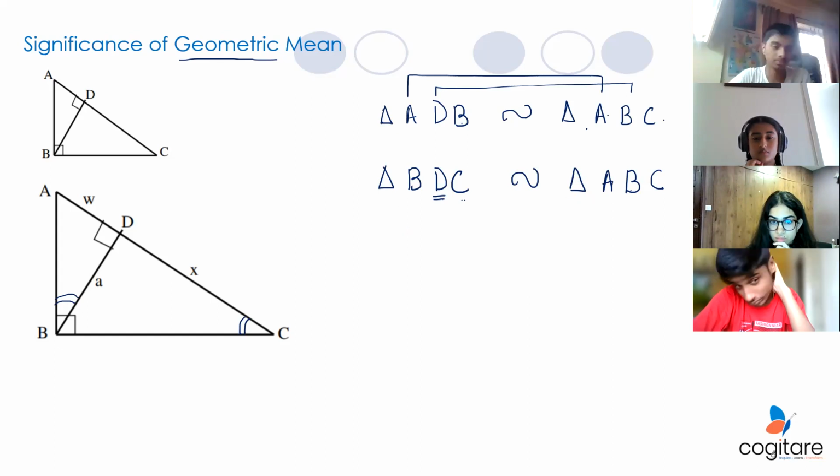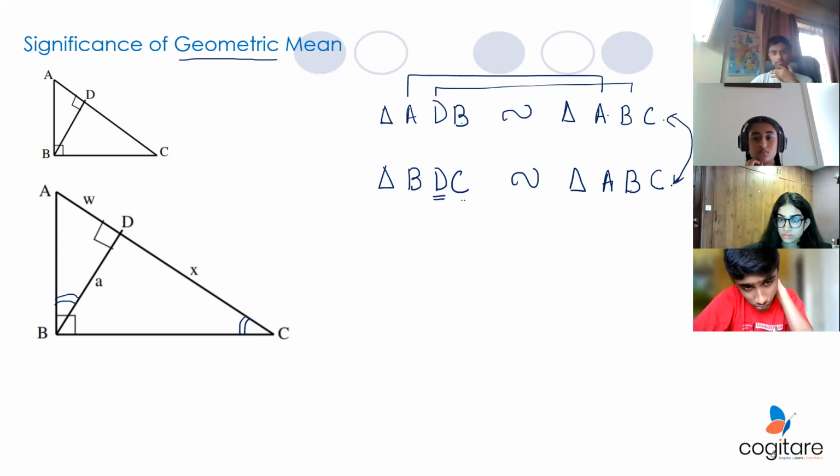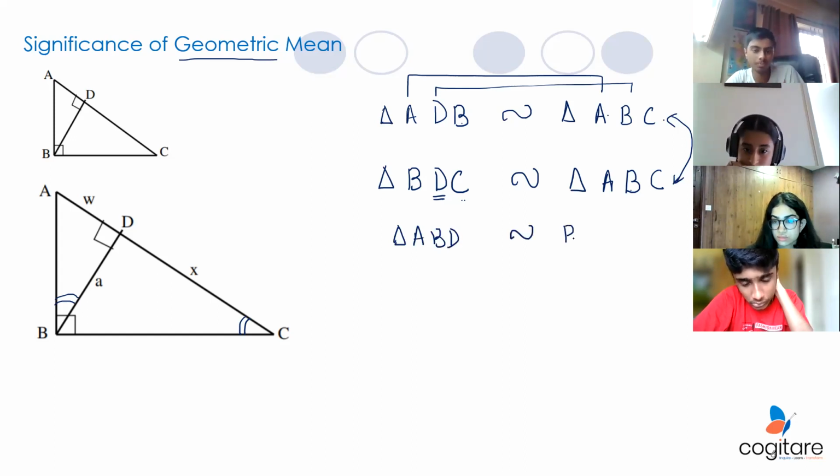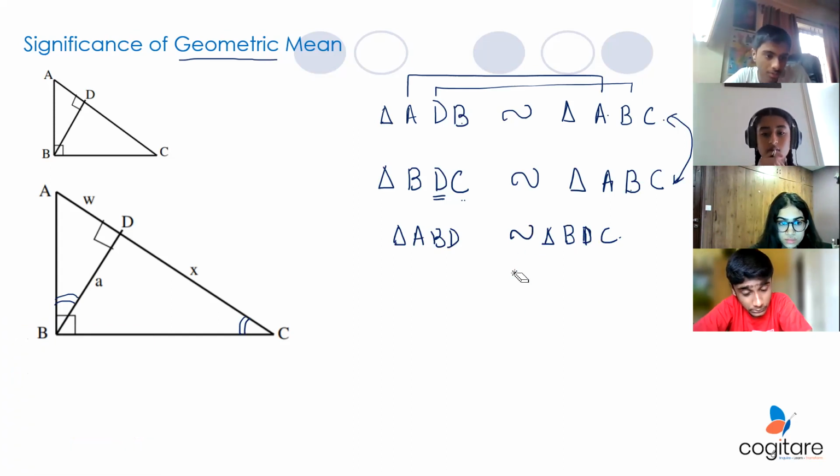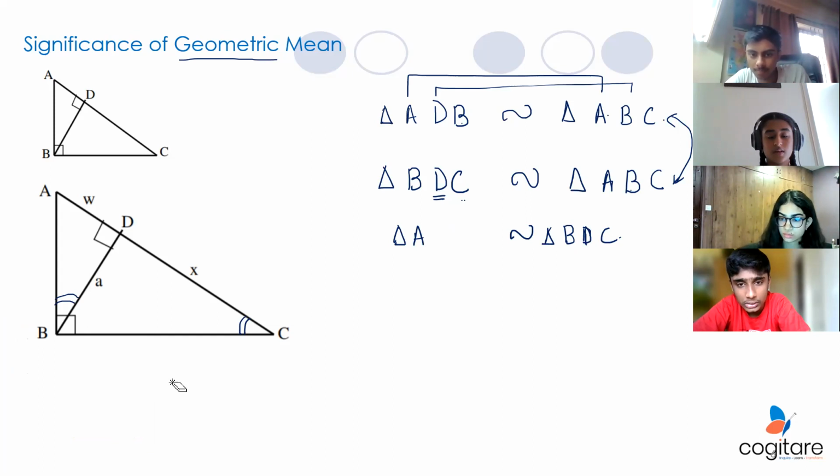One small triangle similar to big triangle, another small triangle similar to big triangle. The fact that they themselves are similar to ABC, can I write ADB and BDC are similar? Hamsini, check the order for me. It should be ADB.